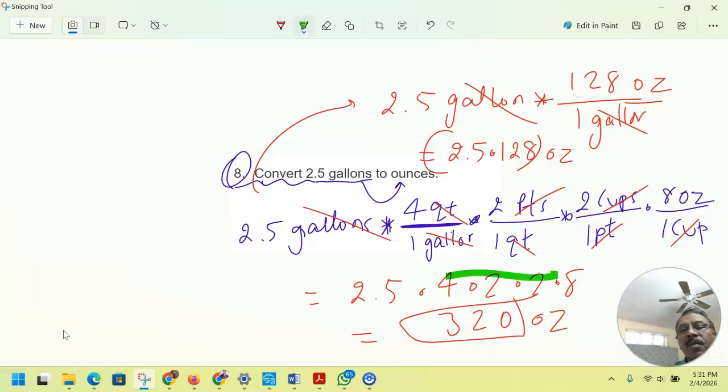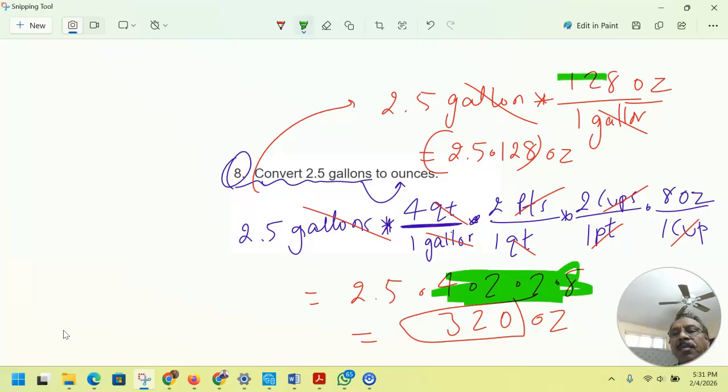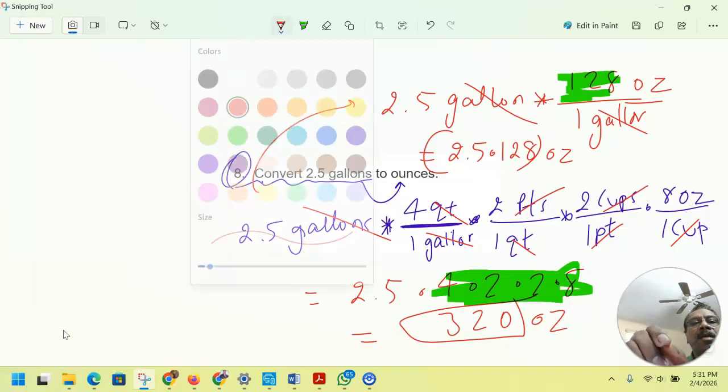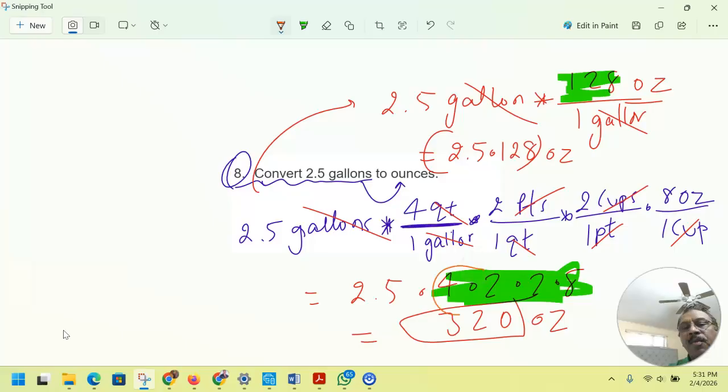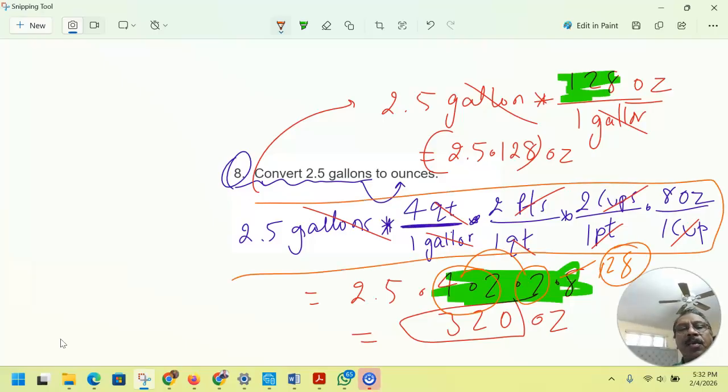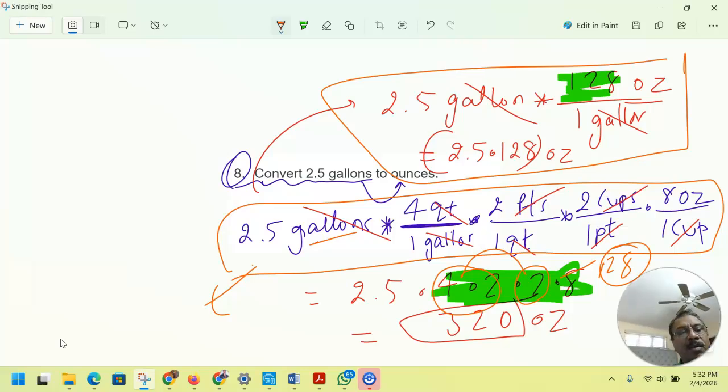And you can also see that this piece is the same as this piece, because 4 times 2 is 8, 8 times 2 is 16, and this is really 128. Okay, so all this is to show how nice and beautiful dimensional analysis is for changing from gallons to ounces. But this is a shortcut you can also use.